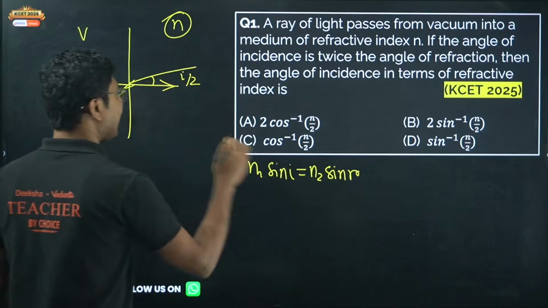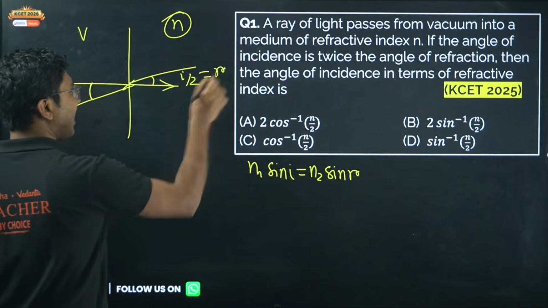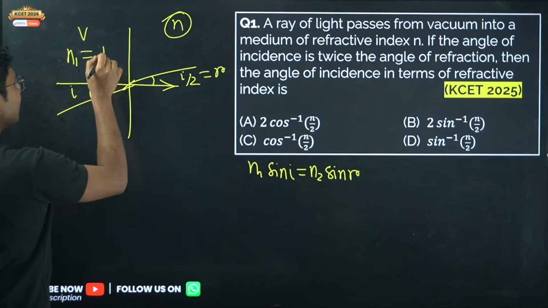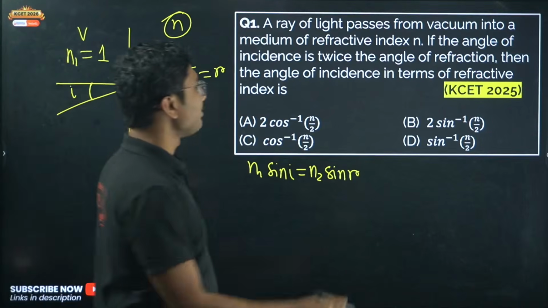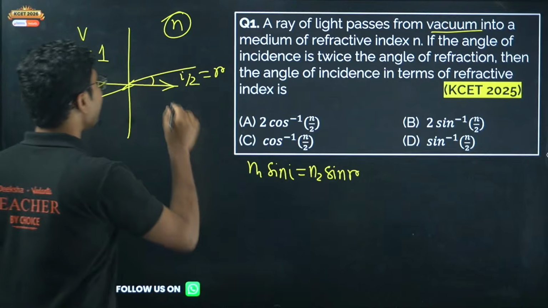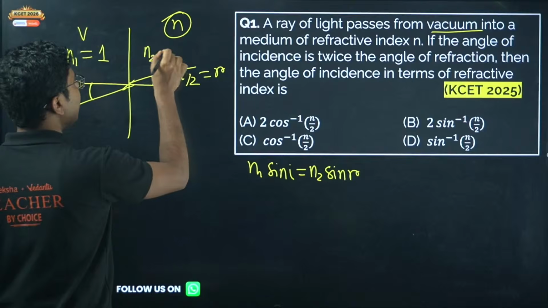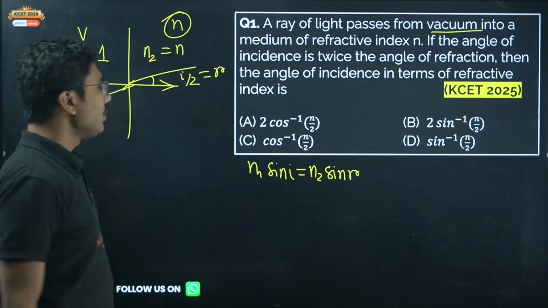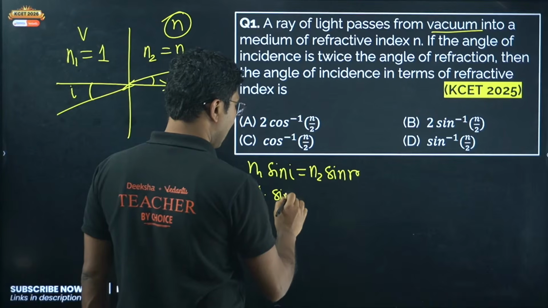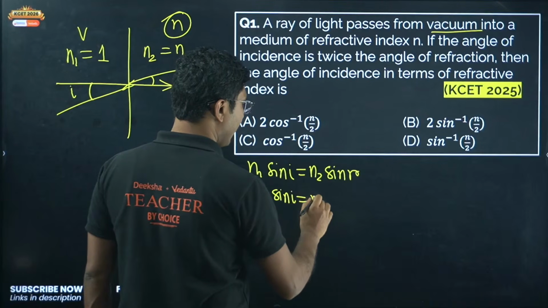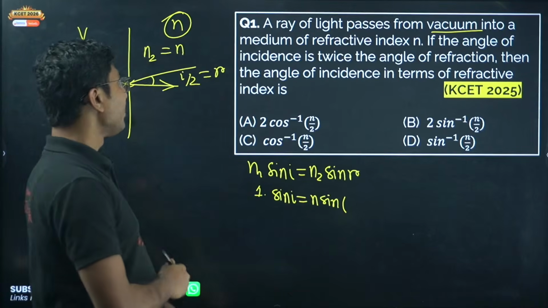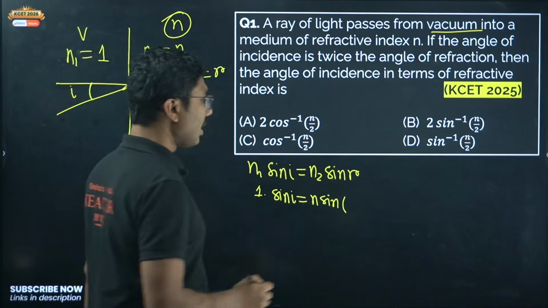Here n1 is equal to 1, because the first medium is vacuum, and the second medium is n. So we put those values: 1 into sine I equals n into sine of, instead of r, we write this value I by 2.